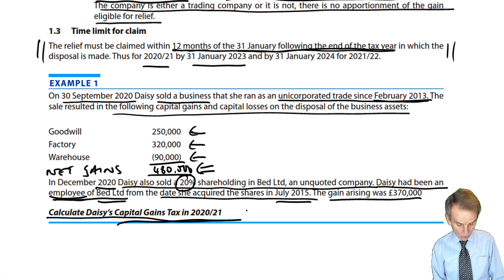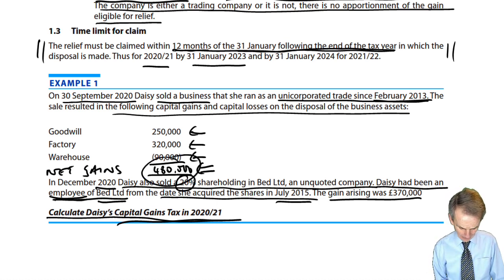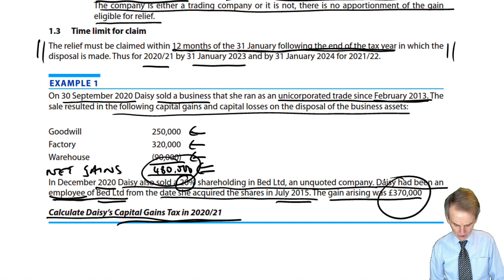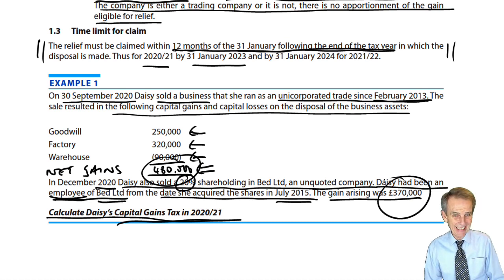If the arithmetic was correct there, you know what the gains are, you know that you have an AEA each tax year, and that all of these gains total less than £1 million, so the 10% business asset disposal relief rate will be available to you. Pause for the moment, work that out, and when you join me back again, we'll have a look at that answer to confirm your correctness of answer. I look forward to it.